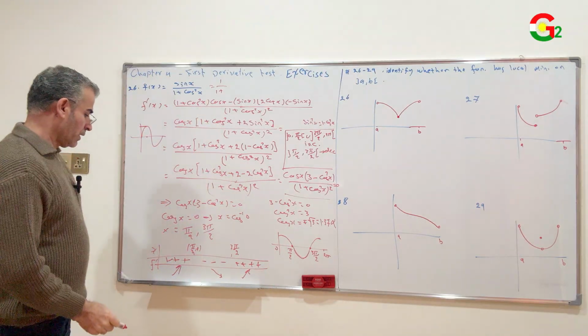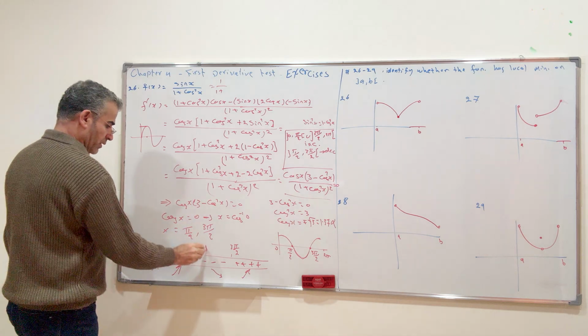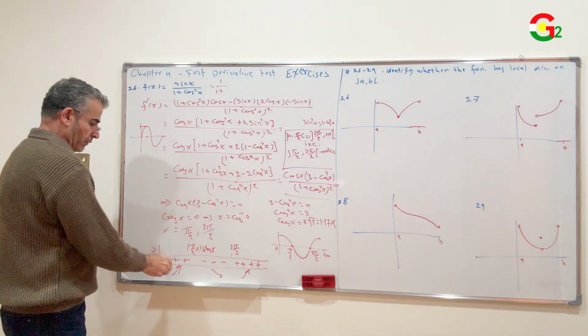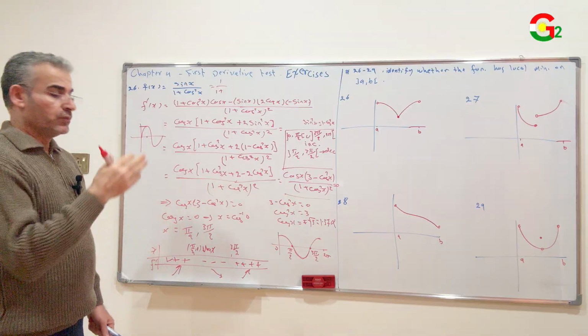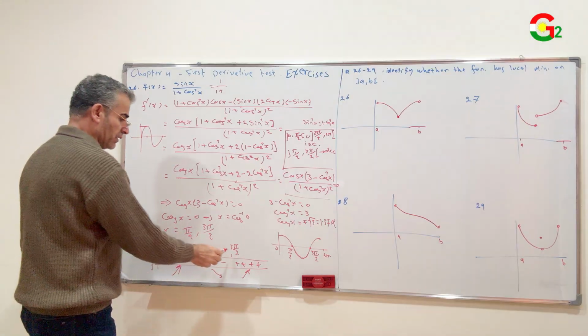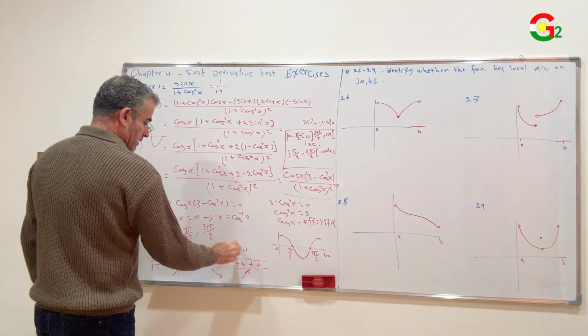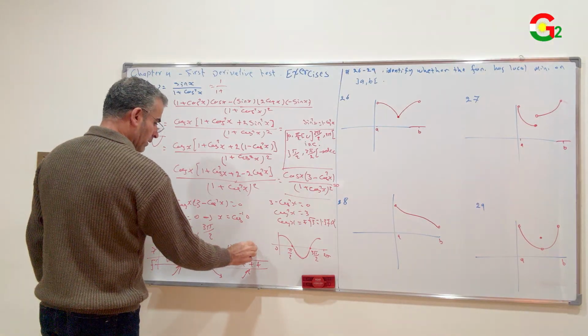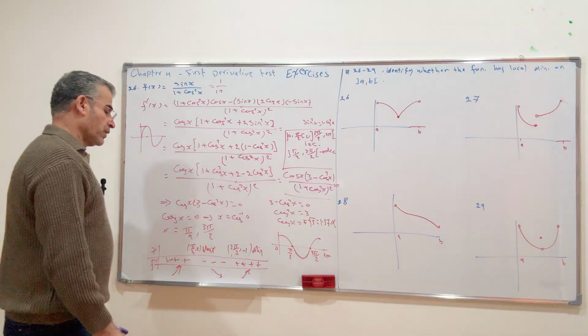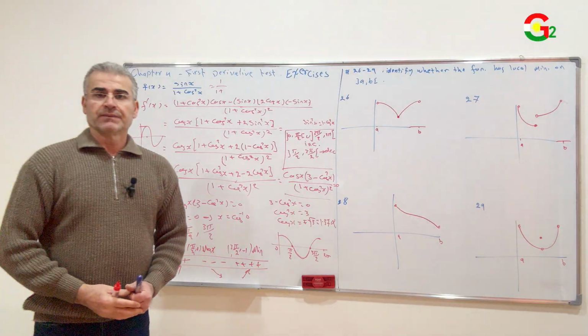Then pi over 2, 1 is a local maximum point because the function changed from increasing to decreasing, and 3 pi over 2, negative 1 is a local minimum point for this function.